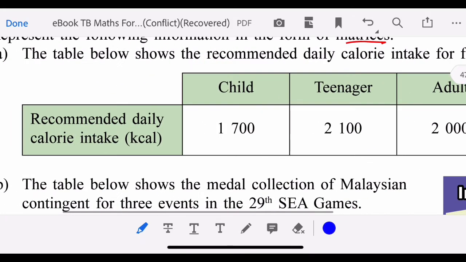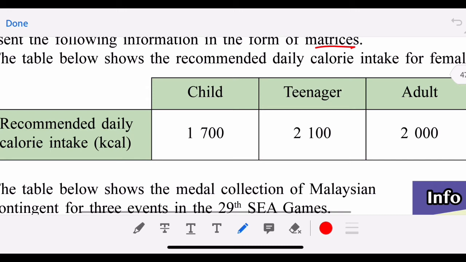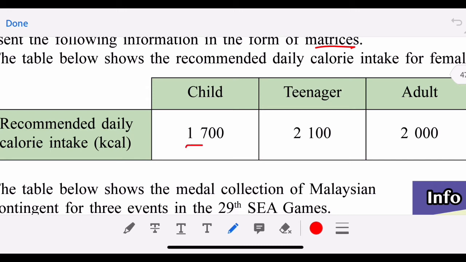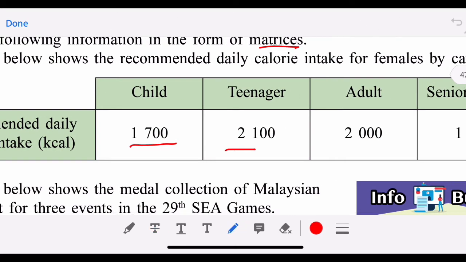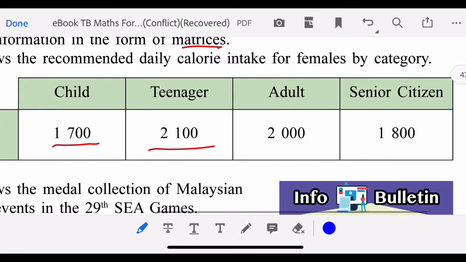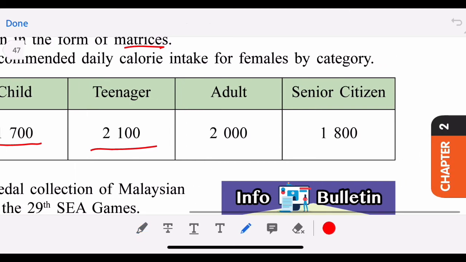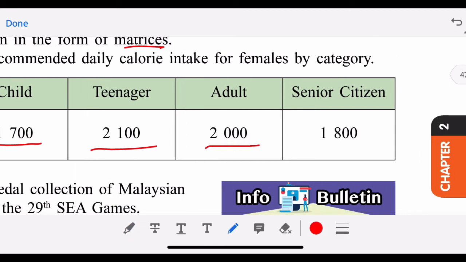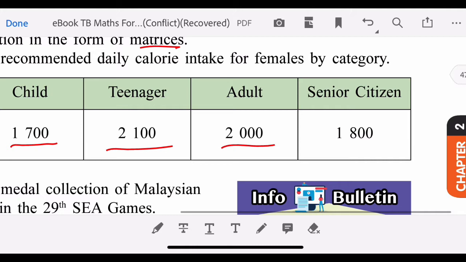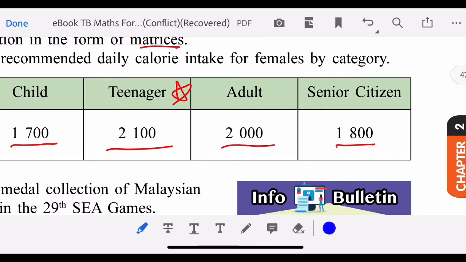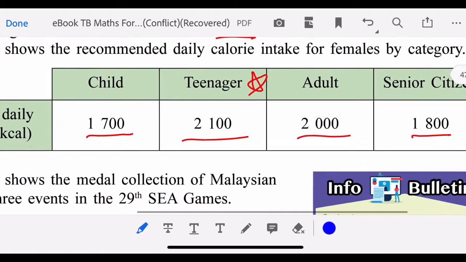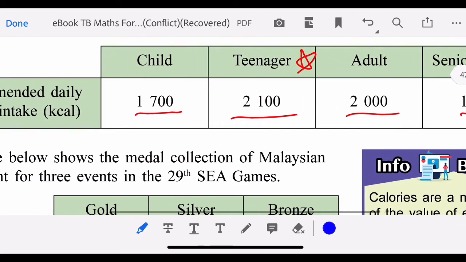So we have the child, the calorie intake 1,700 because the child is still small. Teenager is 2,100. Adult is 2,000 and senior citizen 1,800. So that means a teenager like you actually needs more calorie intake. For female, this is for female.